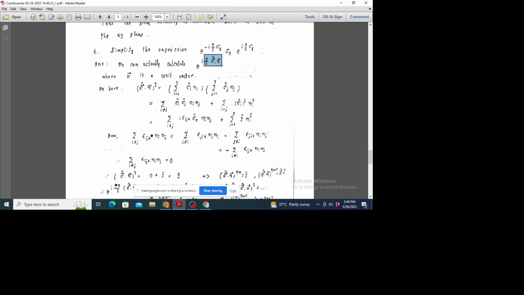So we can certainly think it like that. So theta by 2 is the magnitude of the vector whose unit vector is n vector. So we shall rewrite this Hamiltonian in that form.